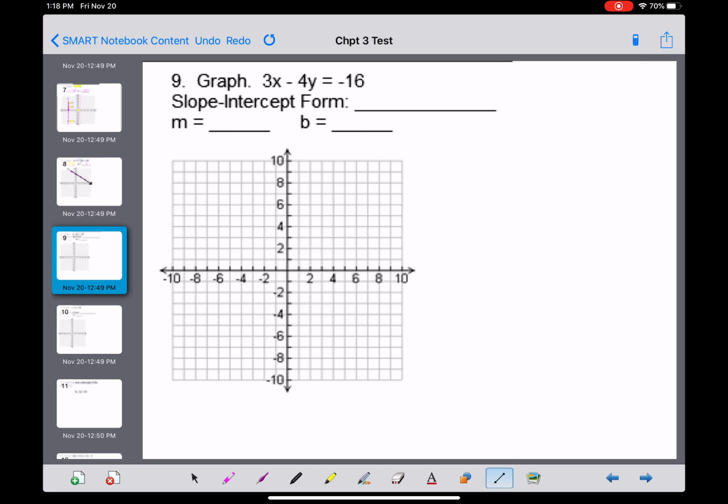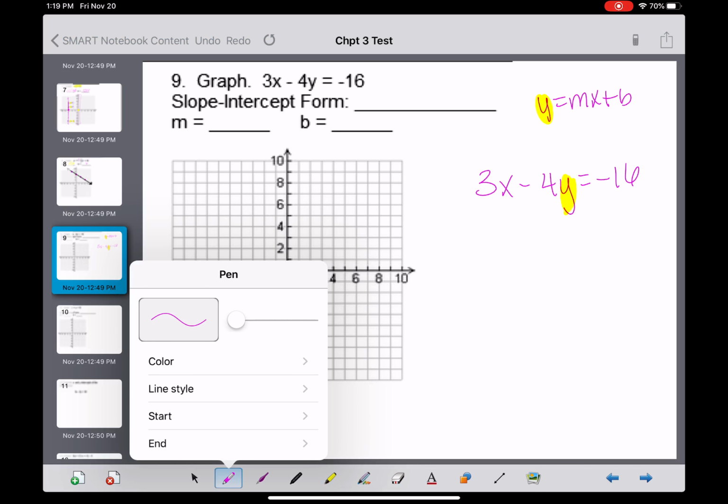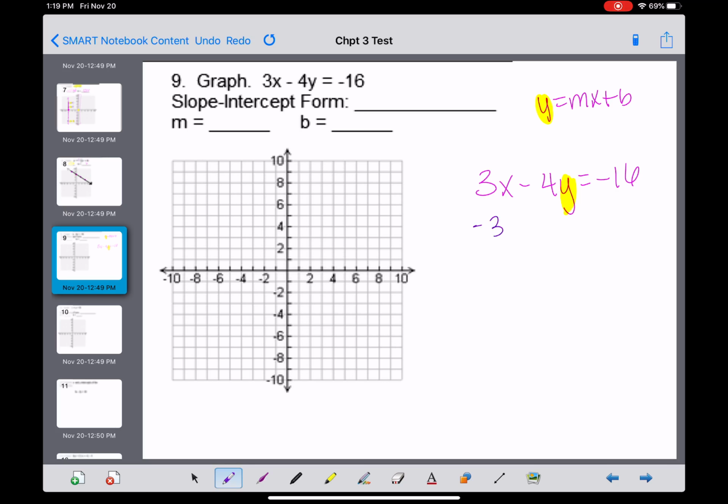Before we are able to graph number 9, we need to put it into slope-intercept form. Our slope-intercept form is y equals mx plus b. The goal in slope-intercept form is to completely isolate the variable of y. So I do this in 2 steps. I'm going to subtract 3x from both sides.